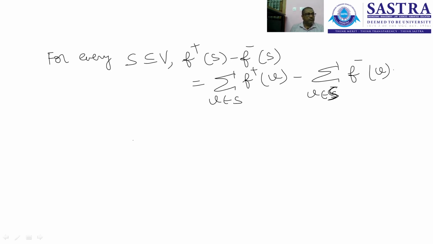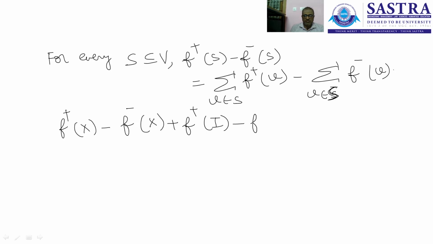So now what we have here is f plus of x minus f minus of x, plus f plus of the intermediary vertices minus f minus of the intermediary vertices, plus f plus of y minus f minus of y.